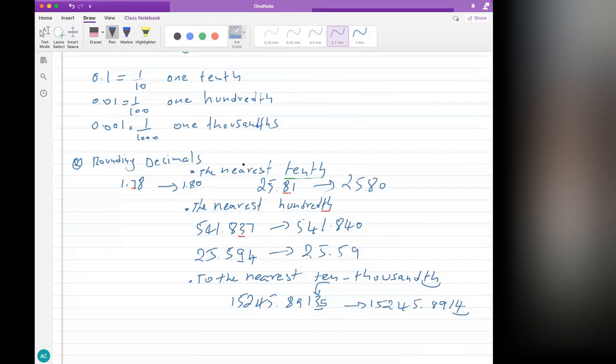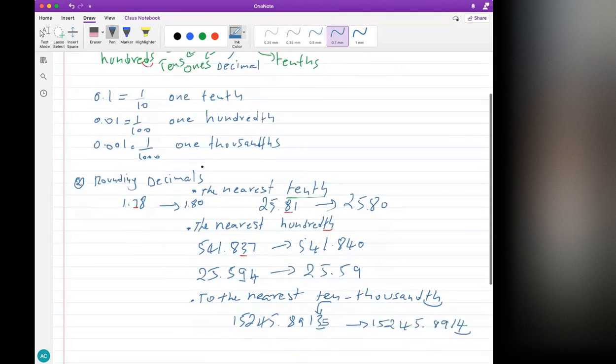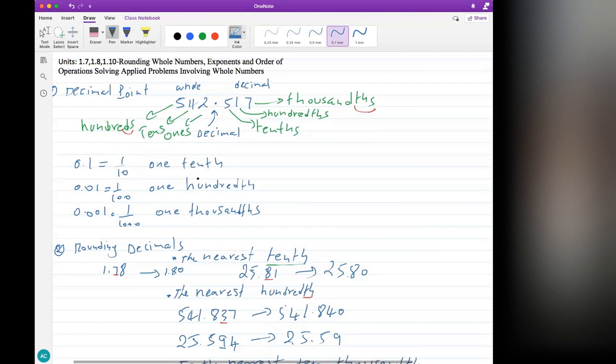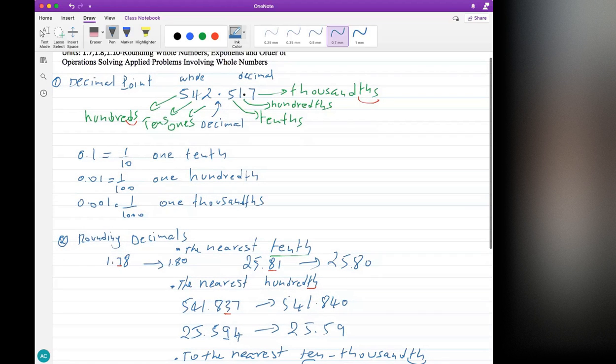So I have a question. If they asked a question rounded to the nearest, let's say hundreds or thousands, is it going to be after the decimal?